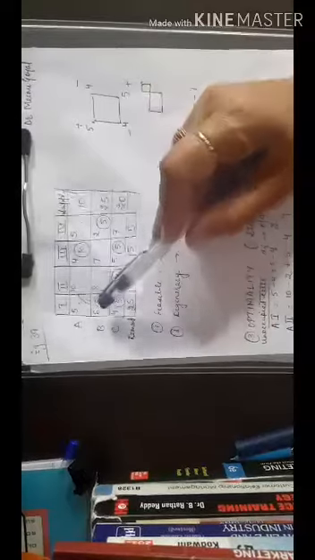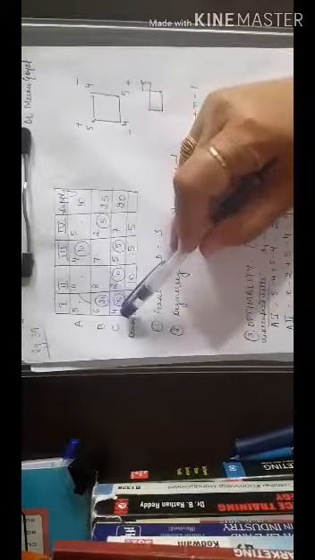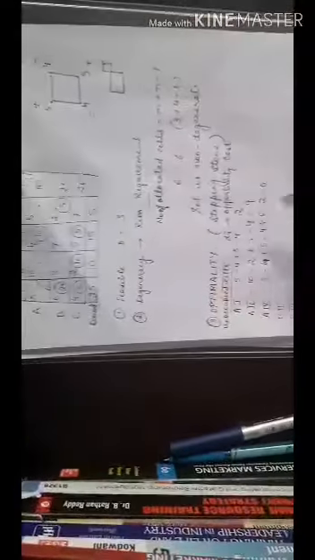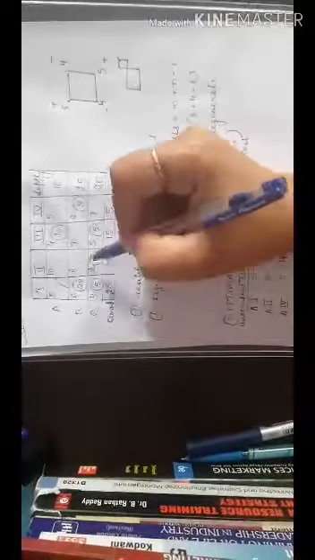Just see, plus 5 minus 2 plus 6 minus 4 plus 5 minus 4. So the answer is 6.